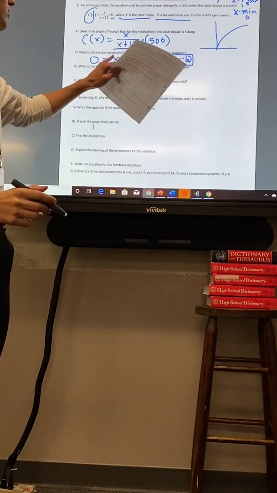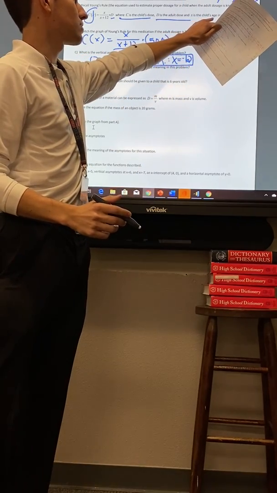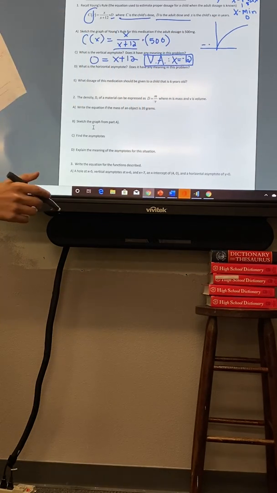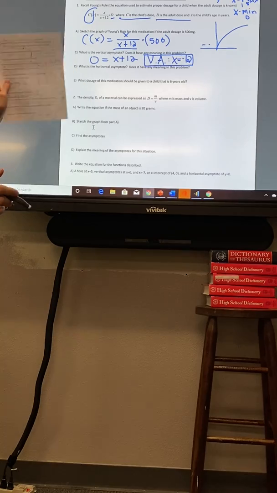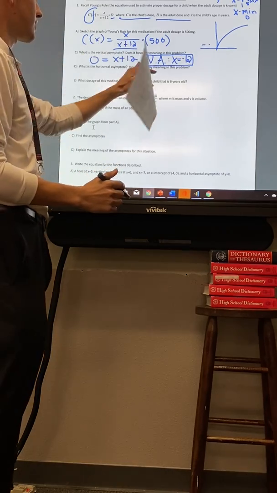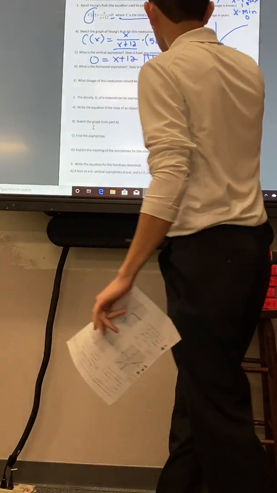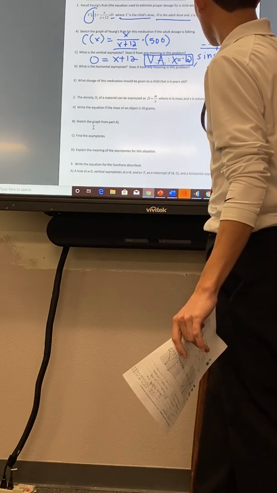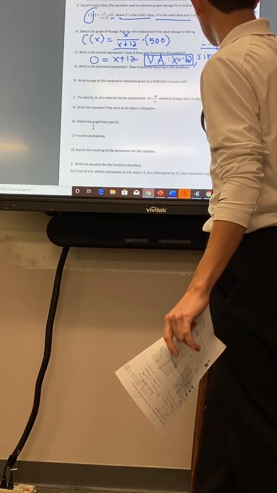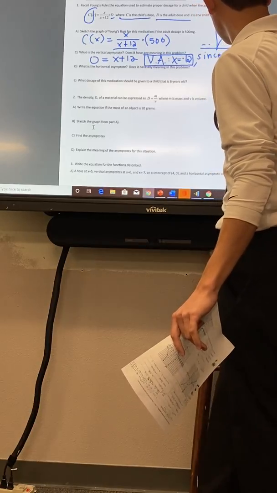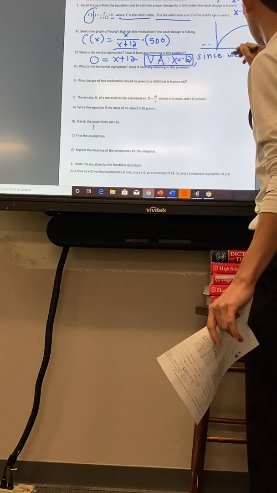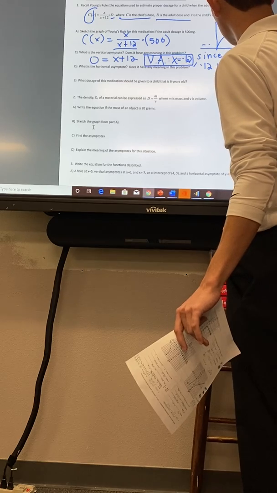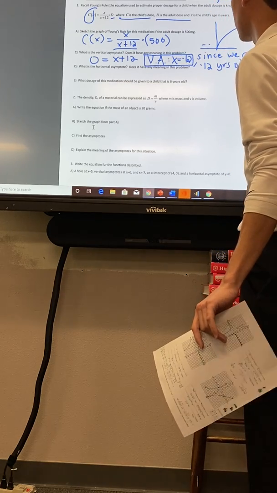Well, the question is X is the child's age in years. So the question we have to ask ourselves is, can we be negative 12 years old? And since we can never be negative 12 years old, this has no meaning when we're trying to solve our problem. So since we can't be negative 12 years old, it has no meaning.